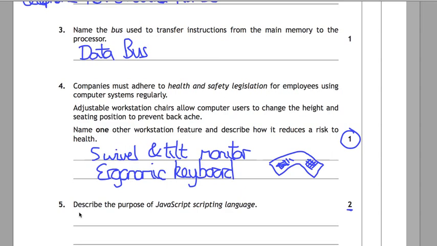So what you could write is JavaScript is used to add interactivity.